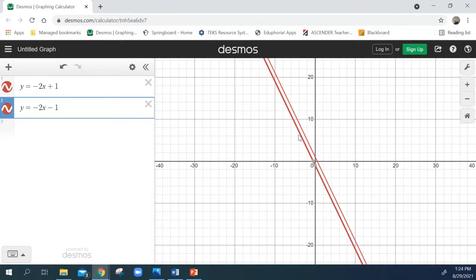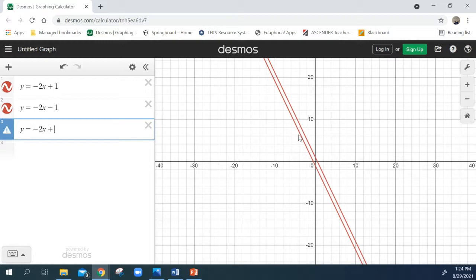They're never going to intersect. And it doesn't matter how drastically I alter the y-intercept. So y equals negative 2x plus 23. Still parallel. They're all three still parallel because they have the exact same rate of change.